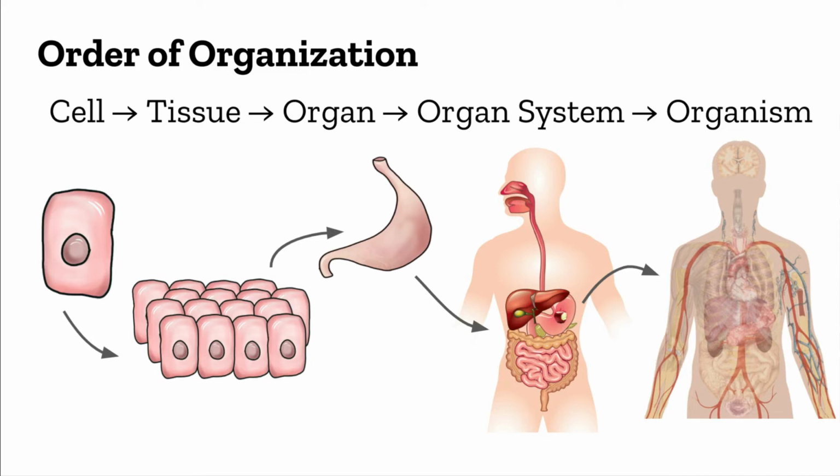Remember that going from the level of the simplest structure to the most complex, we go from cell to tissue. Tissues make up organs. Organs make up the organ systems, and the organ systems make up the organism.